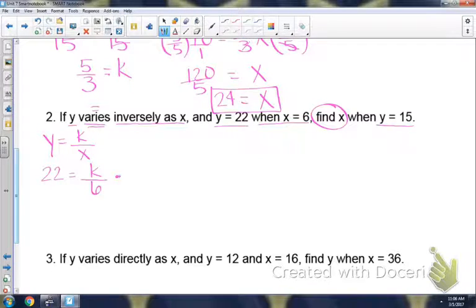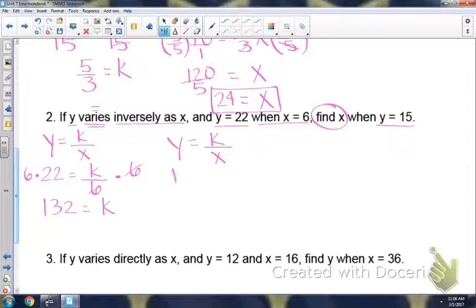I would need to get rid of the 6 by multiplying on both sides. So you should end up with 132 equals k. Now use that same formula. We're looking for x when y is 15.